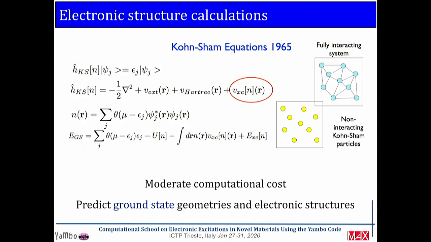So once we know how to solve these Kohn-Sham equations, all the many-body effects, let's say, are contained in this exchange-correlation potential, and its glory comes also because of its moderate computational cost. And we know that we have a very good prediction of ground state geometry and electronic structures.